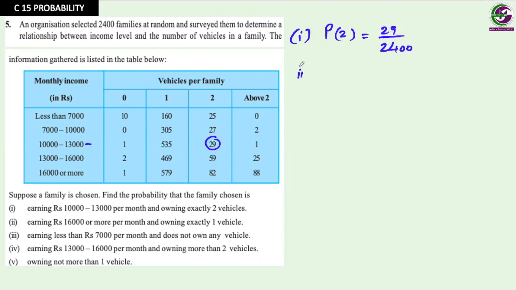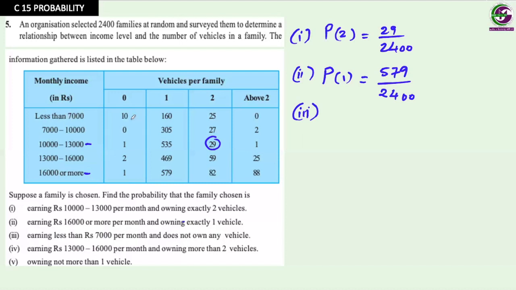Next question, probability of having one vehicle in 1,600 and more. So it is 579 divided by 2,400. Next question, earning less than 7,000 and does not own any vehicle.